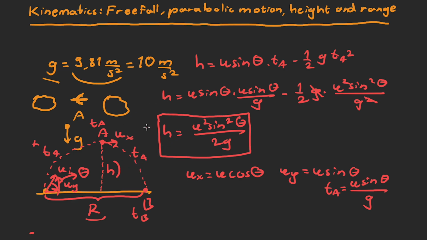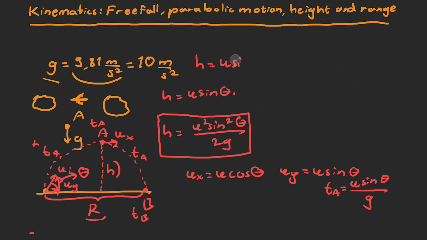I could prove it mathematically too, but I don't think you need it. Because when you think that the starting conditions will be the same as the ending conditions, you can see that the time it needs to take should be the same on this side of the projectile motion and on this side.